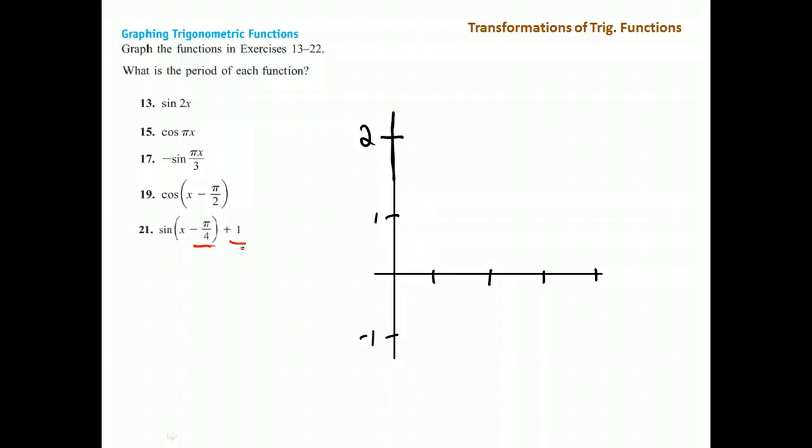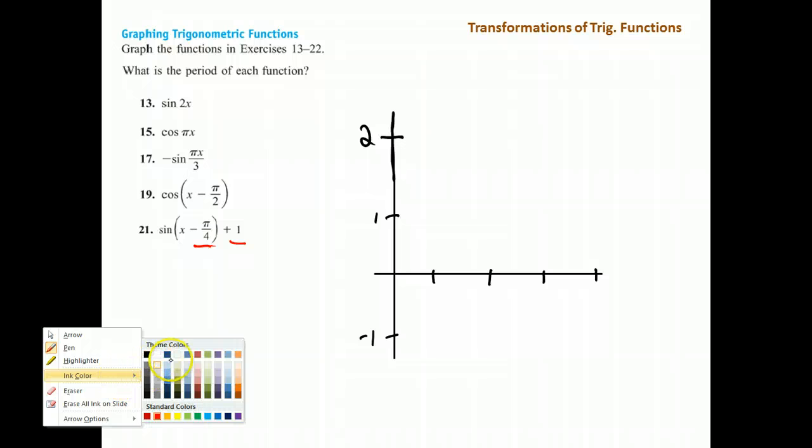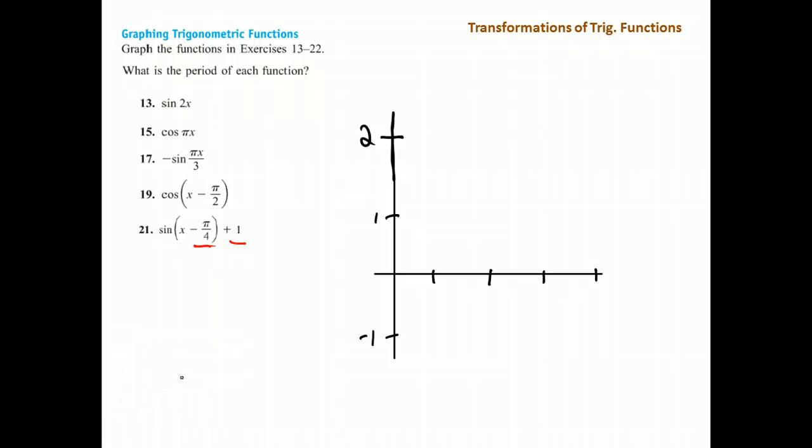And so, to help you do the phase shift, it's this before. Now we're going to shift over only pi over 4 units. And so, this is 2 pi, and this is pi over 2, 3 pi over 2. Now we have these pi over 4 units. And we're shifting up 1 at the same time.